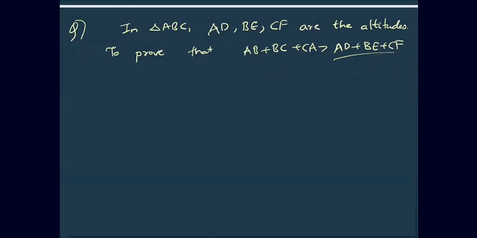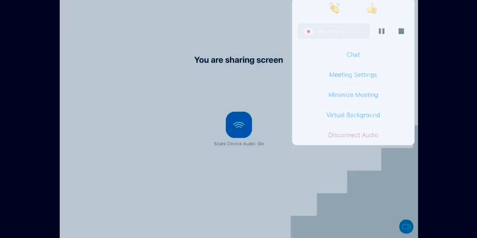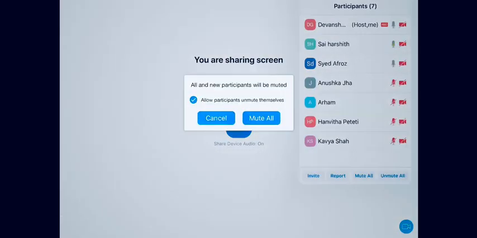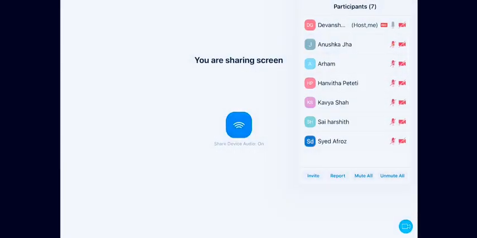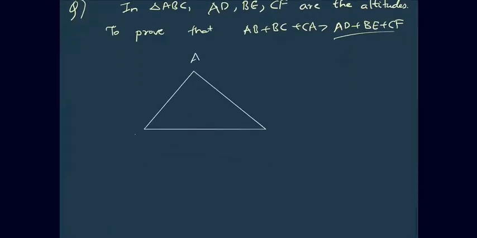Okay, I think some of you might have already done it. Let us discuss this one. We have a triangle ABC in which AD, BE and CF are the altitudes.